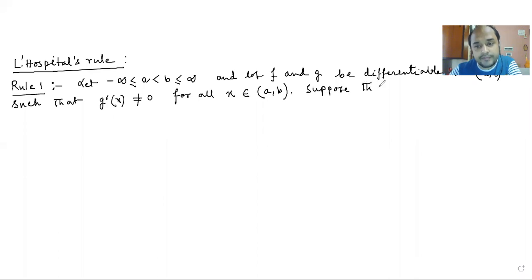Suppose that limit x tends to a of fx is equal to 0, which is equal to limit x tends to a of gx.